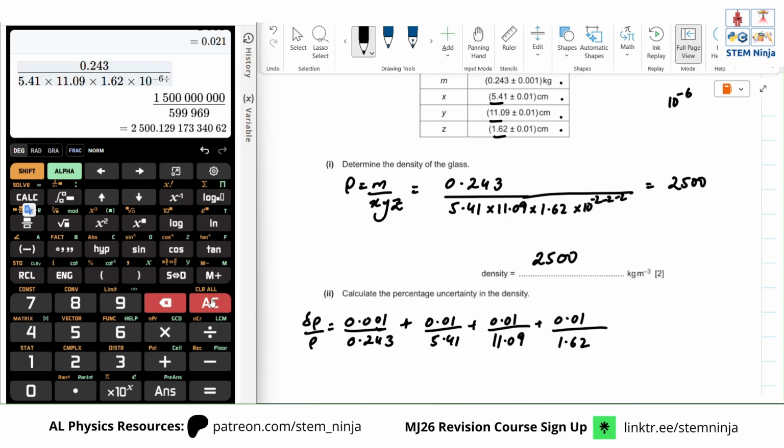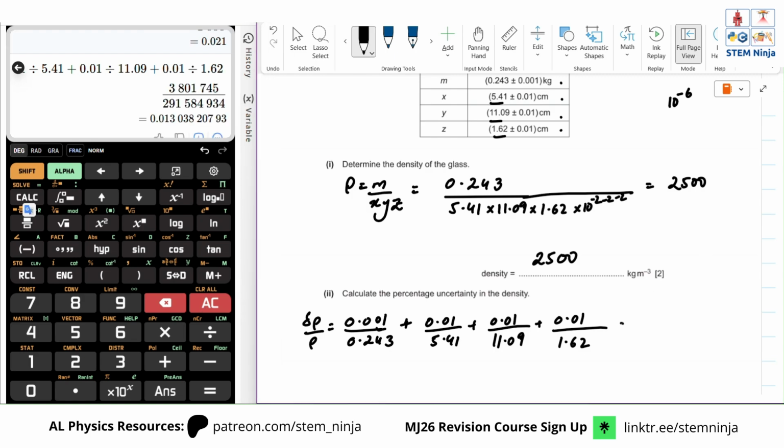So 0.001 divided by 0.243 plus 0.01 divided by 5.41 plus 0.01 divided by 11.09 plus 0.01 divided by 1.62.